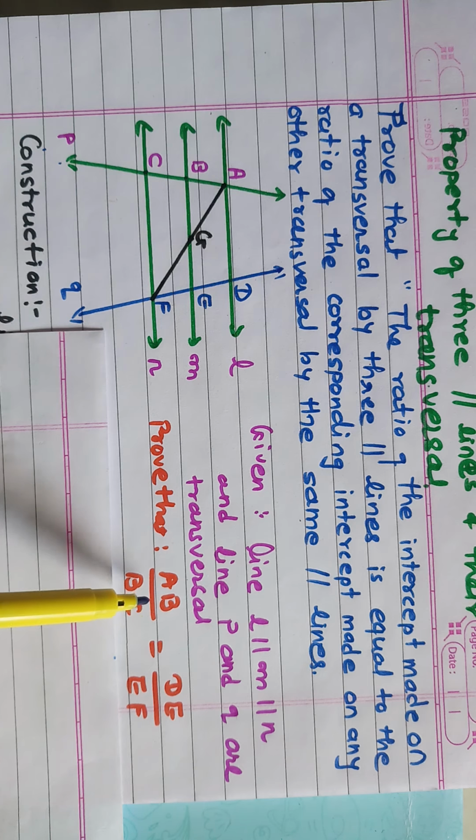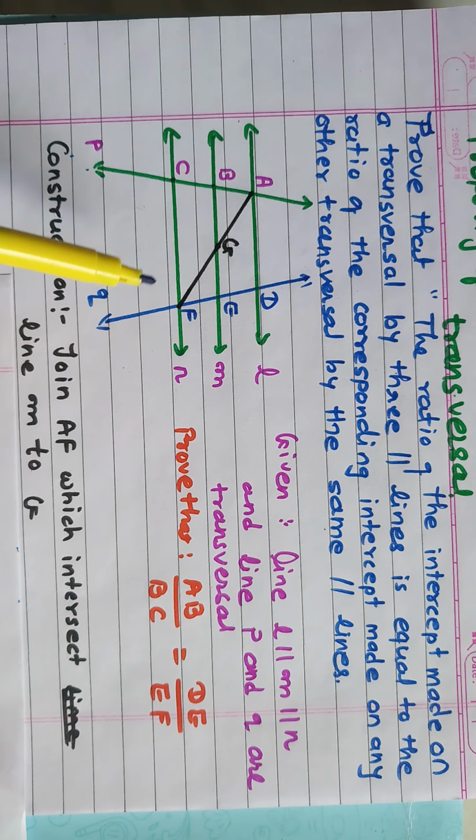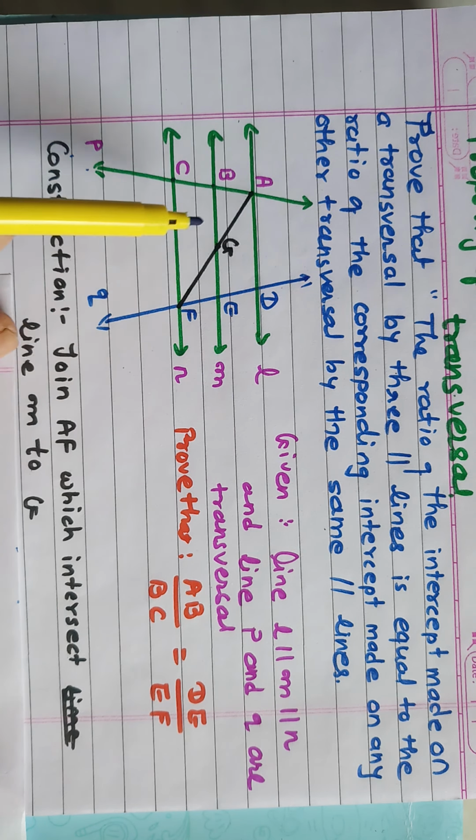Prove that AB upon BC is equal to DE upon EF. Construction: join AF to intersect line M at G.